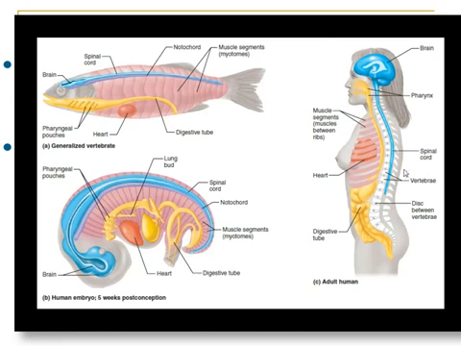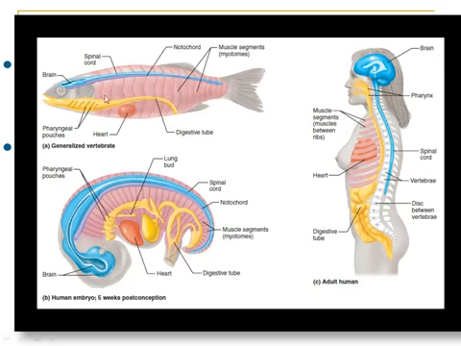Here we can see the human embryo, the adult human, and a fish. We can see these blue colored structures forming the nervous system, the brain and the spinal cord in the human, and similarly they form the brain and the spinal cord in fishes. The structure is similar.